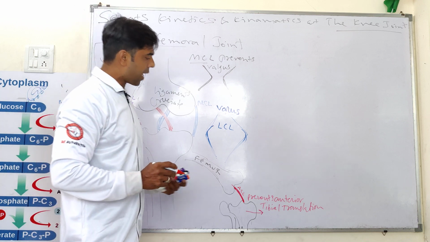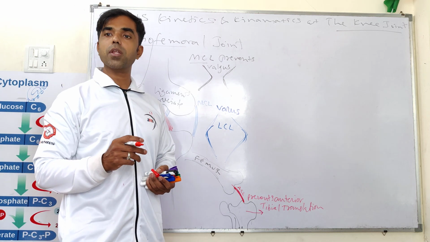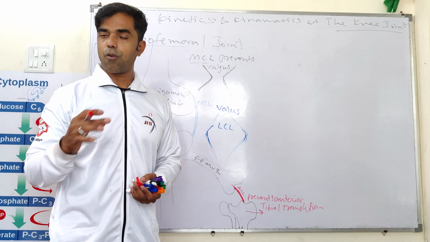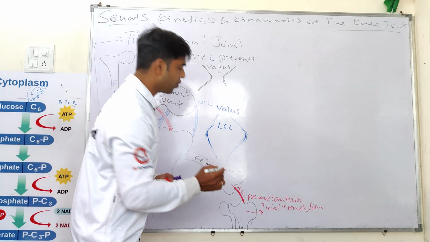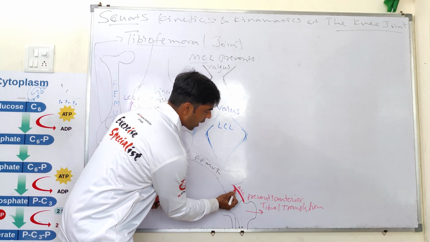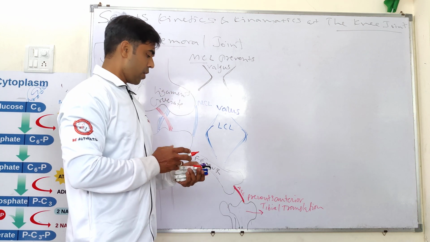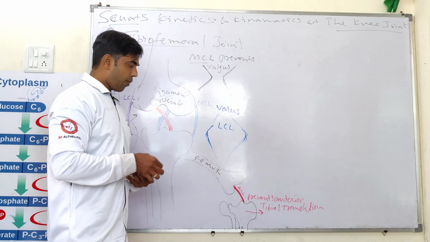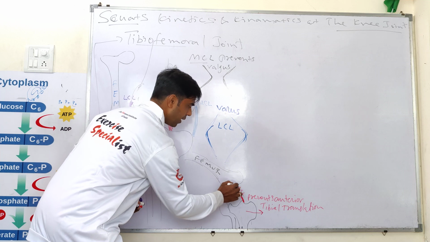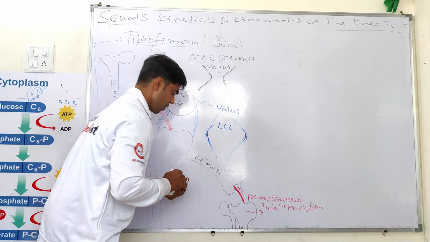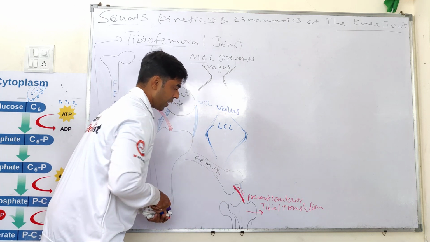If there is a translation of more than 4 centimeters from your toes, then that is going to rupture your ACL, right? And then we have the PCL, the posterior cruciate ligament.